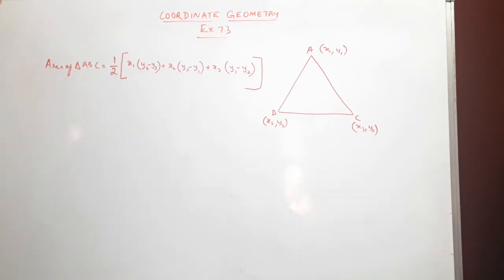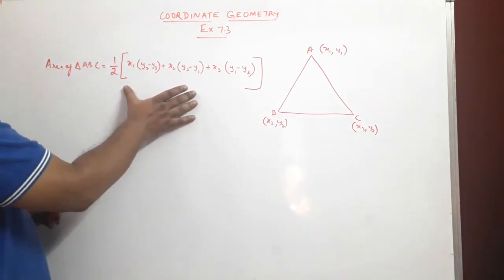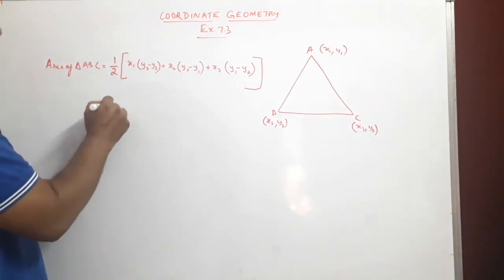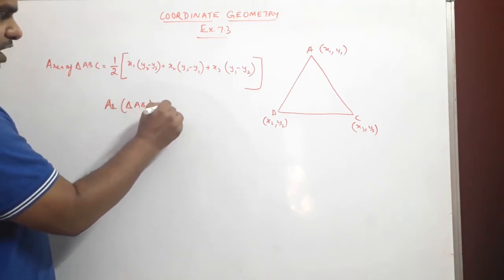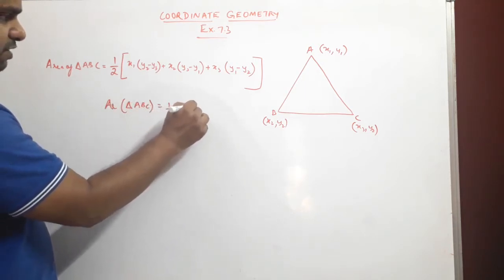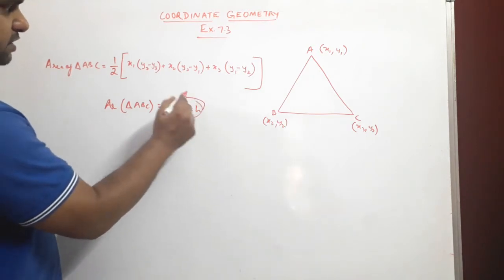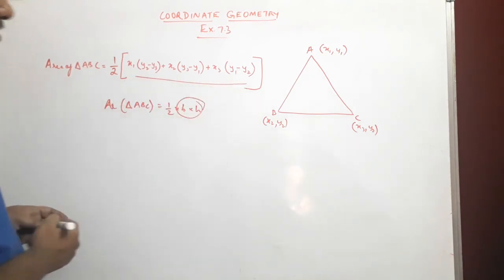So remember, area of a triangle in coordinate geometry is found this way. So this is mostly a derivation of half base into height. See, area of a triangle usually is given by how? Half into base into height. So this base into height is within this.